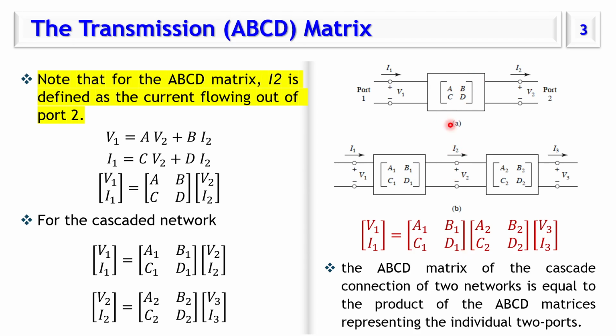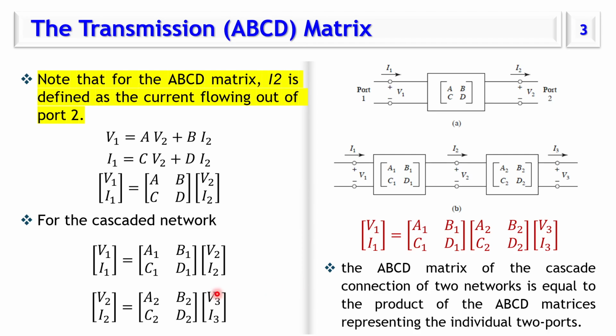So if we have two-port network 1 and another two-port network 2 that are cascaded to one another, we need to have the overall system performance. So we need to relate V1, I1 to V3, I3. V1, I1 is related to V2, I2 by ABCD matrix 1, and V2, I2 is related to V3, I3.